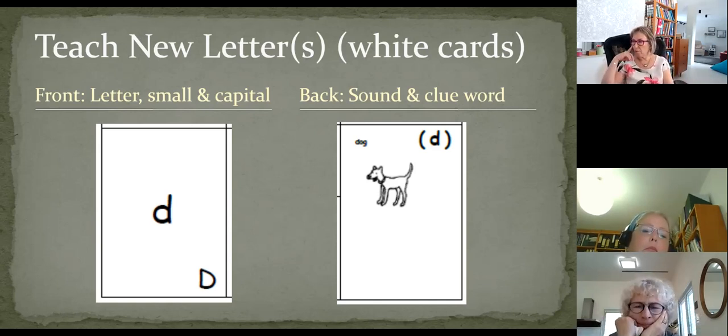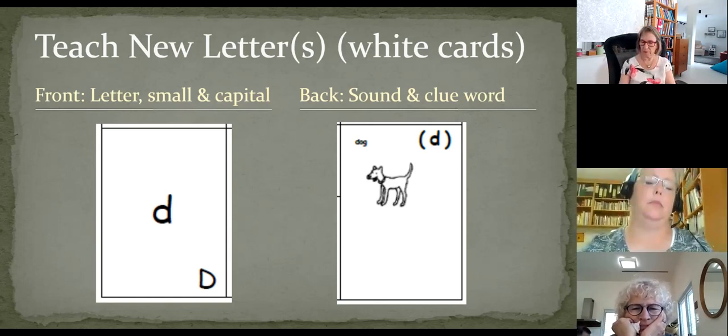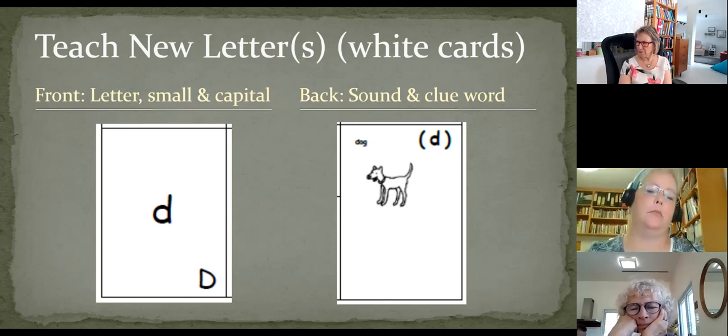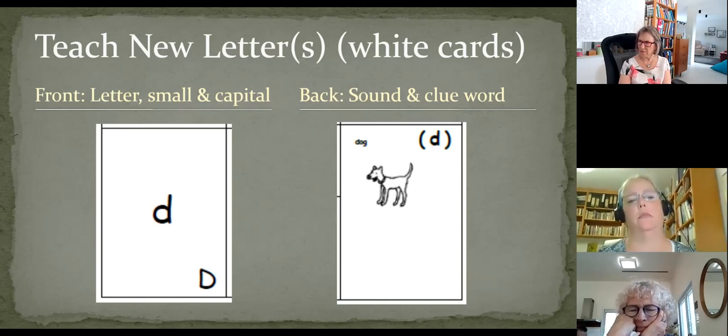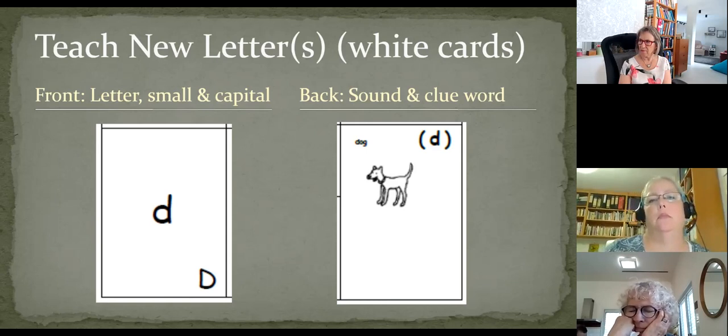They should say the sound, duh, dog, and the clue word. And the name of the letter is less important for reading. The name of the letter is important for perhaps taking dictation or spelling, but the important thing when reading is the sound of the letter. And so for that, they need to remember the clue word helps them to have something more that's easier to remember, to kind of cement the sound in their head.